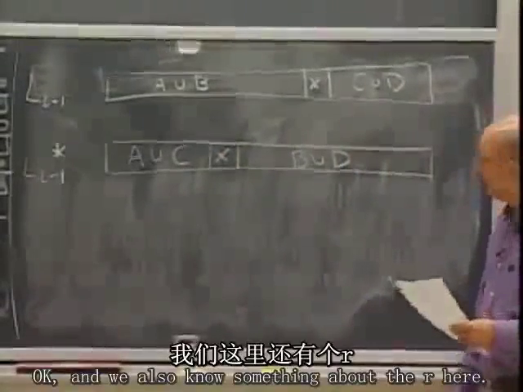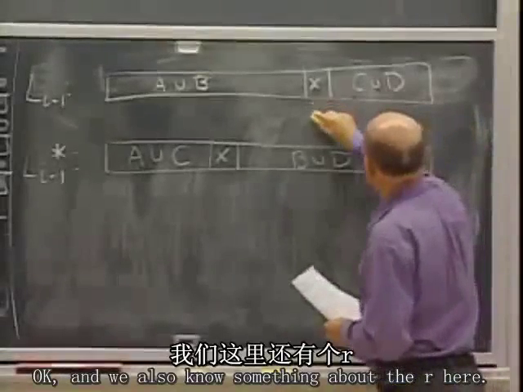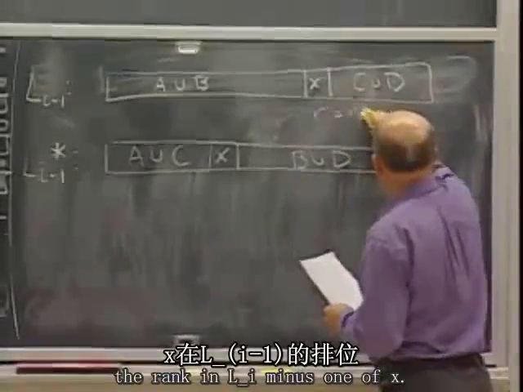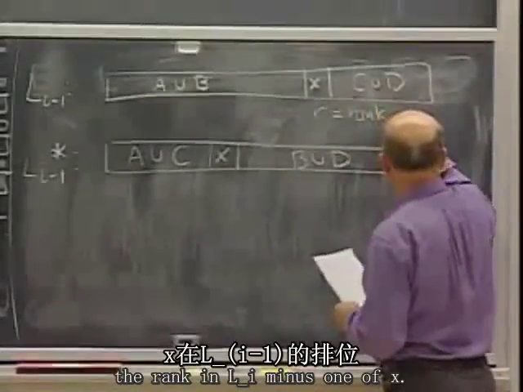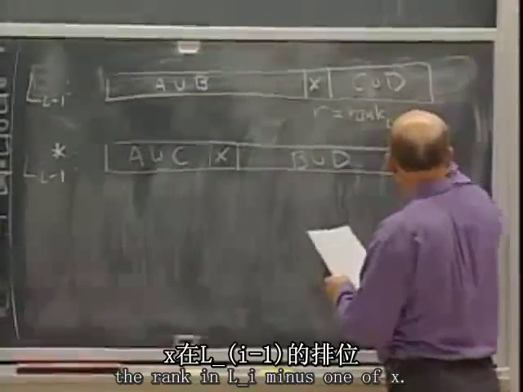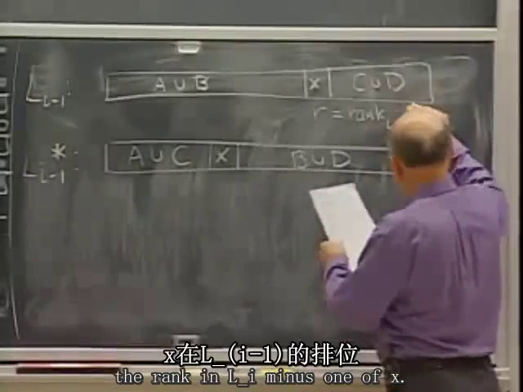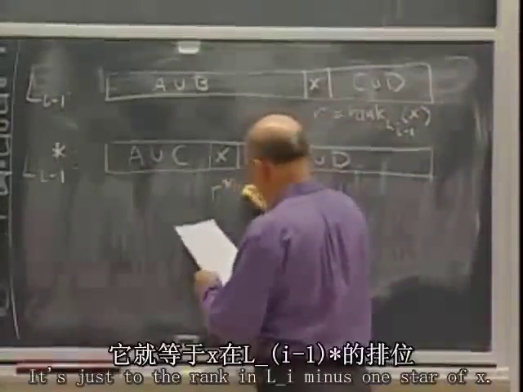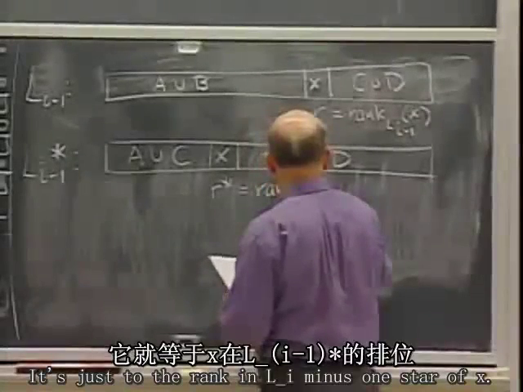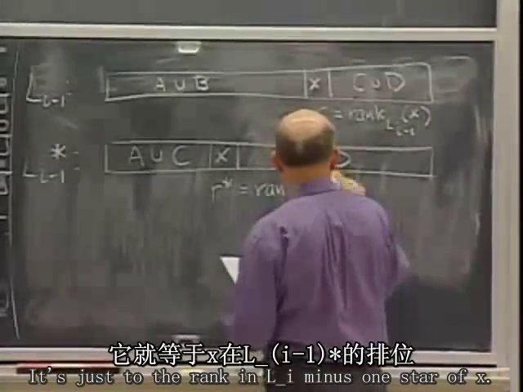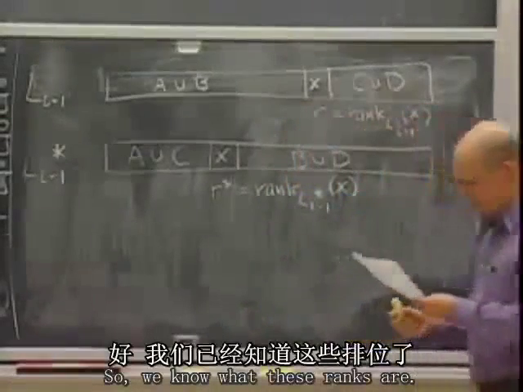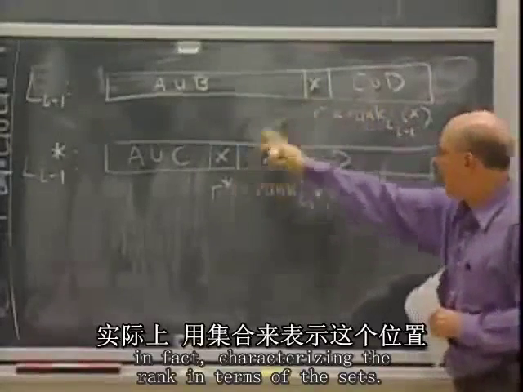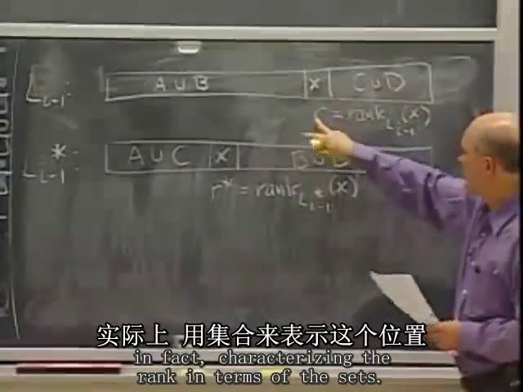And we also know something about the R here. The position of X is going to be the rank in L sub i minus 1 of X. And here, R star is just the rank in L sub i minus 1 star of X. So we know what these ranks are, and what we're interested in is characterizing the rank in terms of the sets.